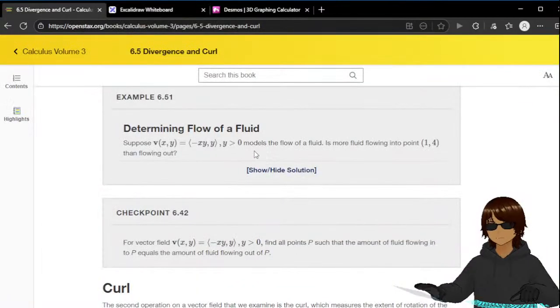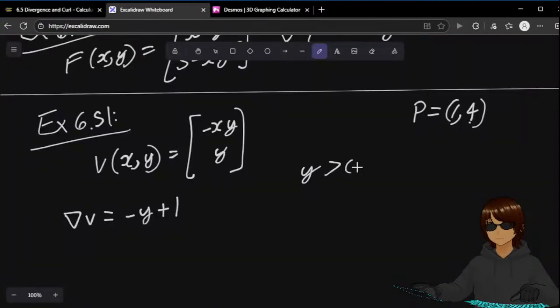And they said y is more than 0, right? So minus y is less than 0. So this is less than 1.